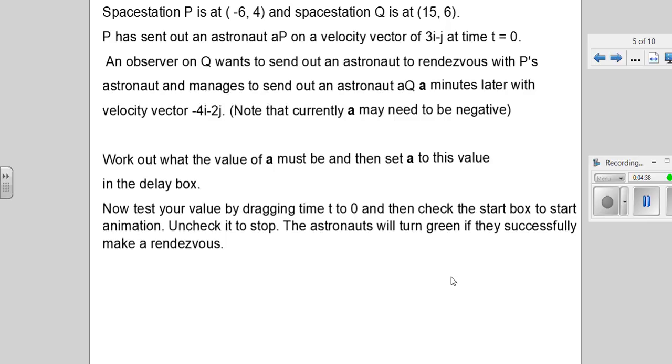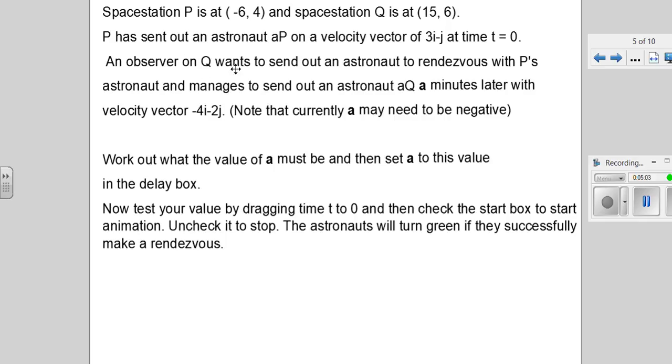Here's the situation, and we will test this on GeoGebra in a moment. So there's a space station at this coordinate called P, and a space station at this coordinate called Q. Space station P sends out an astronaut on this velocity vector at time 0.